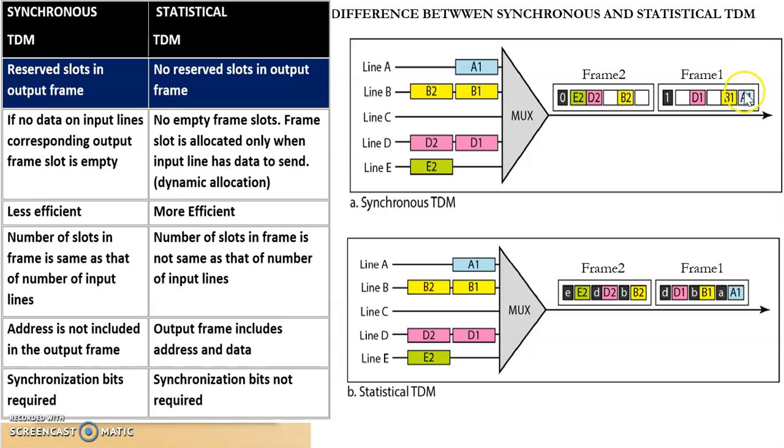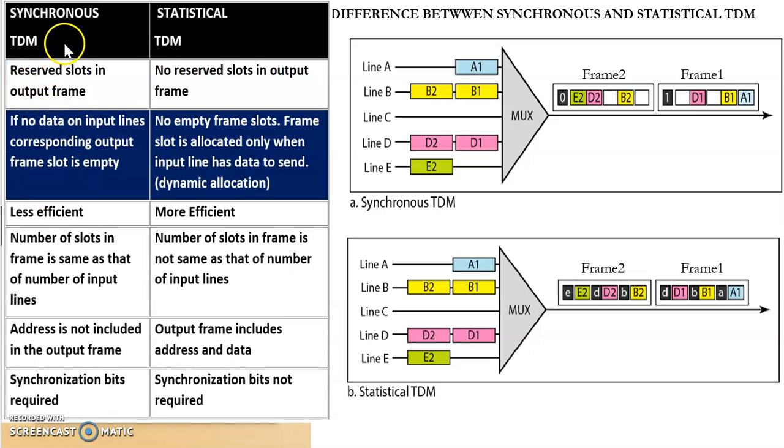For example, this slot is reserved for line A, this is reserved for line B, this is reserved for C, this for D, and this is reserved for line E. Similarly, in this frame also, the slots are reserved for each input line. But in statistical time division multiplexing, for each input line, there are no reserved slots in the output frame. So the slots are dynamically allocated based on the data sent.